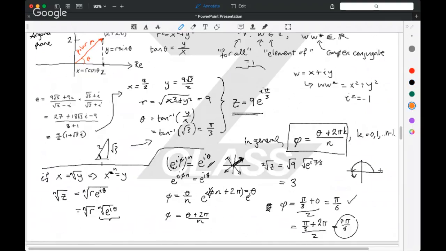Well, that's the same thing as going minus 5/6. So it's completely equivalent, the same number. So our two solutions will be 3 e to the i pi over 6, or 3 e to the minus i 5 pi over 6. Whew. So, that was it.